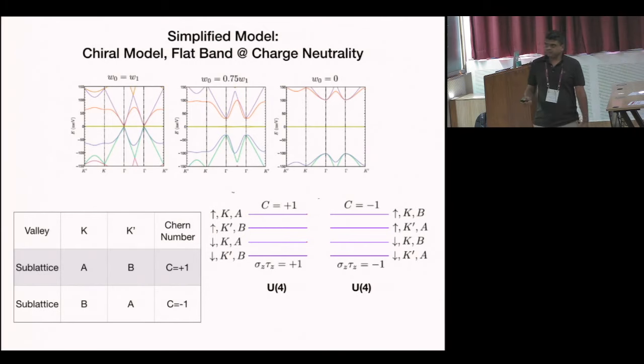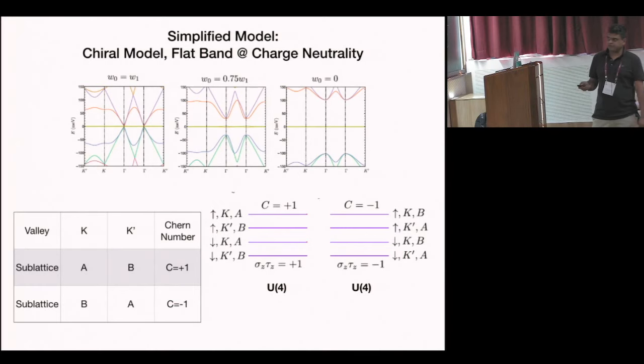The big simplification in this limit, which I'll show you in a few seconds, is that you get a very big symmetry. You're allowed to rotate all of these 4 states into one another. There's a U4 symmetry for this Chern number and a U4 symmetry for this one. Under those rotations, the purely interacting Hamiltonian remains invariant.